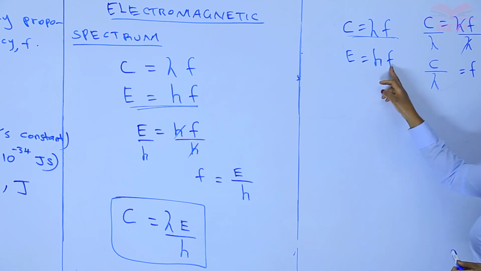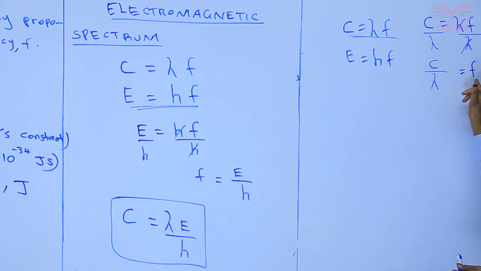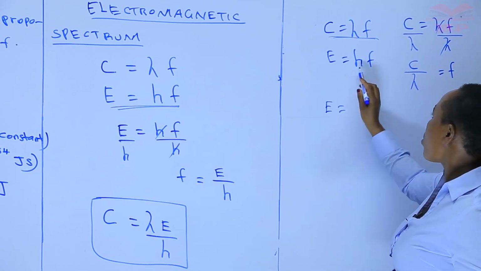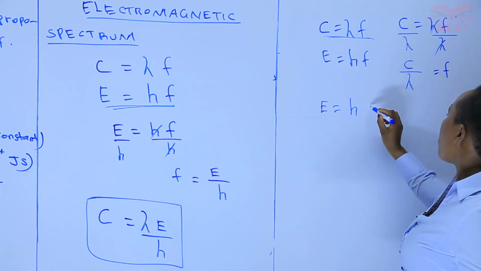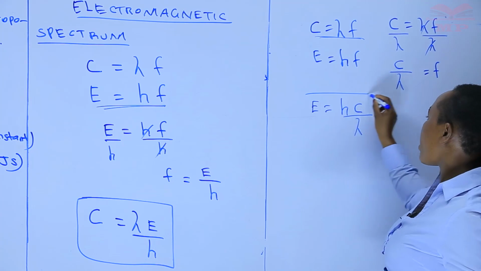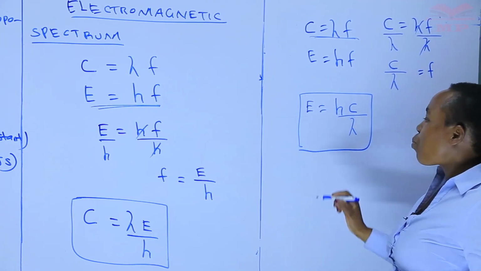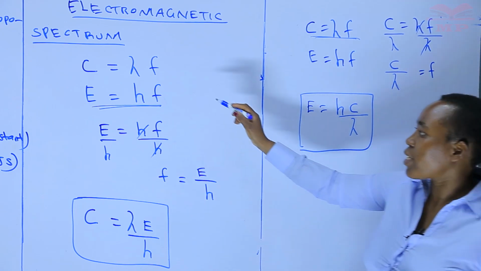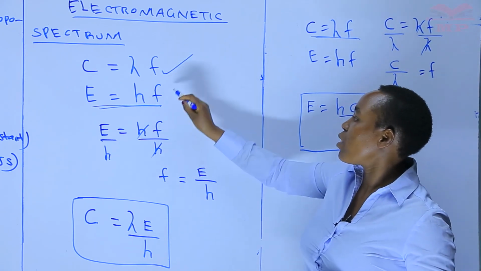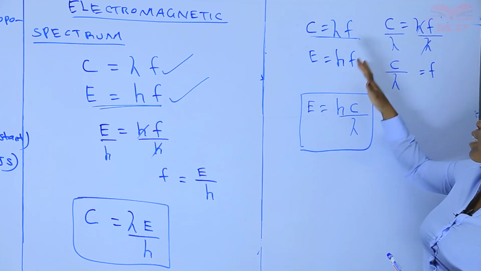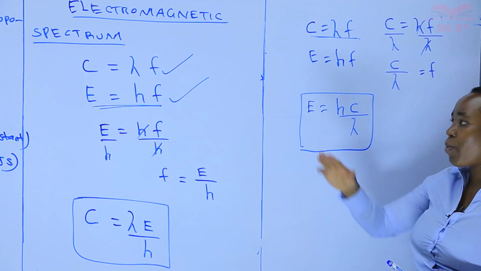So where we have f in our second equation, we can substitute with c all over lambda. So we have E equal to Planck's constant multiplied by the speed of light divided by the wavelength. Provided you have these two formulas, you can get any other formula from the two.